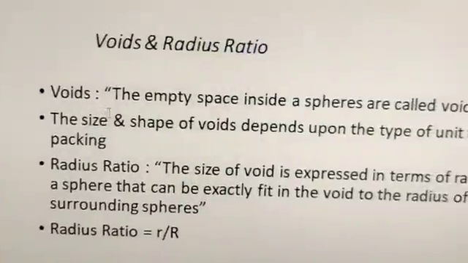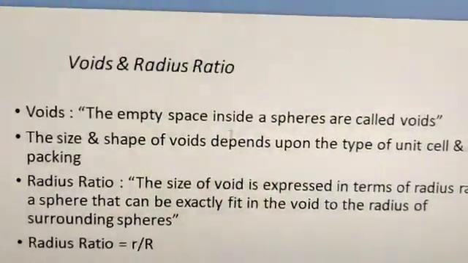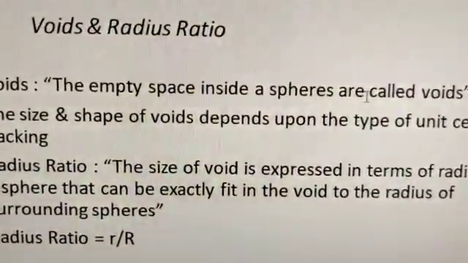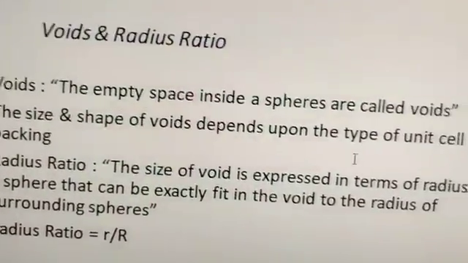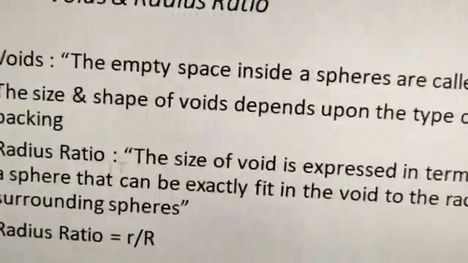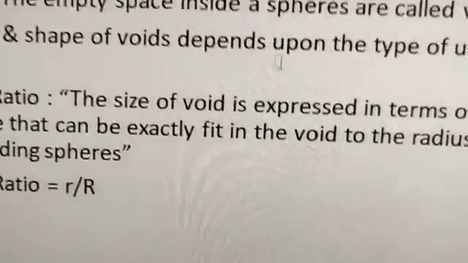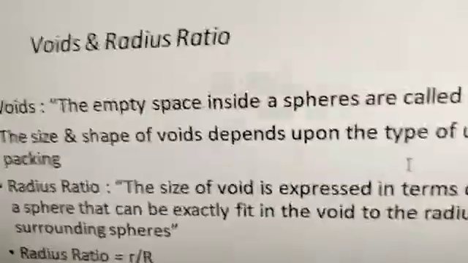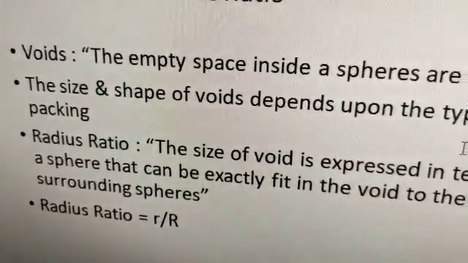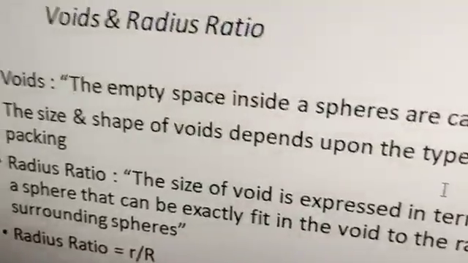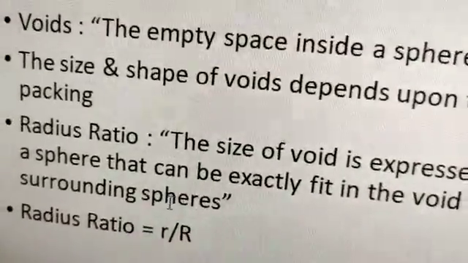These empty spaces inside a sphere arrangement are called voids. The size and shape of voids depend upon the type of unit cell and the packing, means which type of unit cell is present and how the atoms, ions or molecules are packed. On the basis of that, the voids can be differentiated.